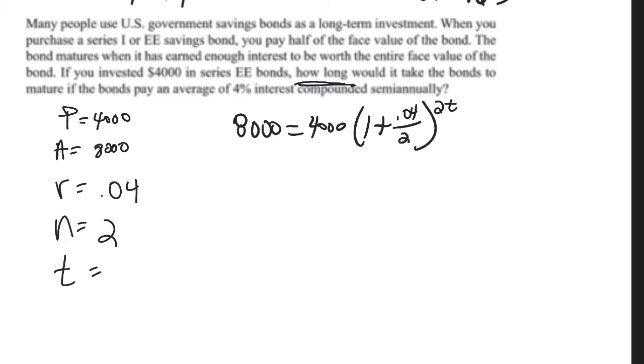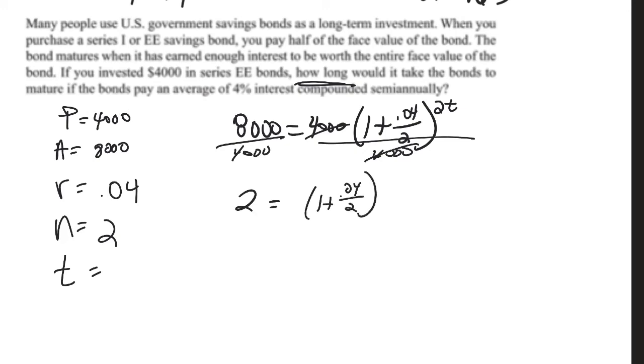There it is. You've got lots of stuff here that can be simplified. For instance, I can divide both sides by 4,000 and cancel that out. 8,000, oops, what am I doing? It's not 8,000 no more. It's 2 now. 2 equals 1 plus 0.04 over 2, raised to 2t.